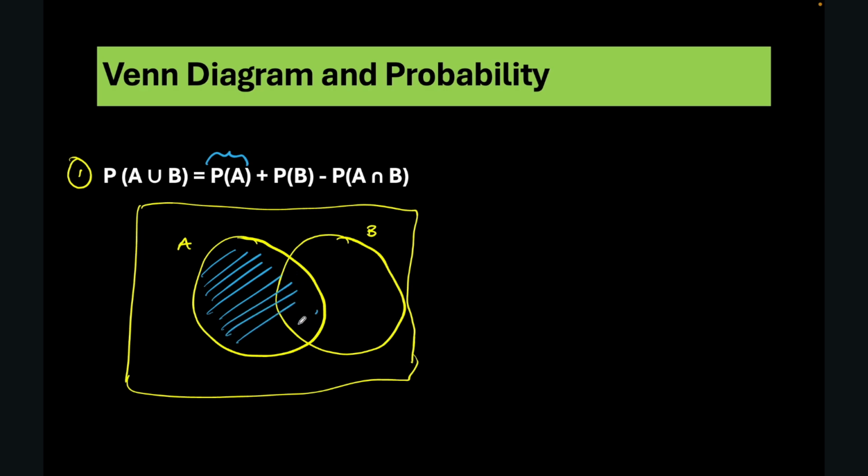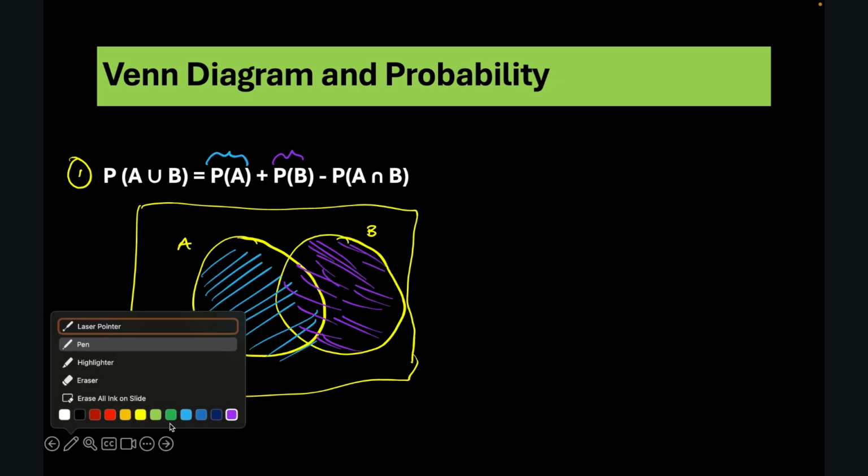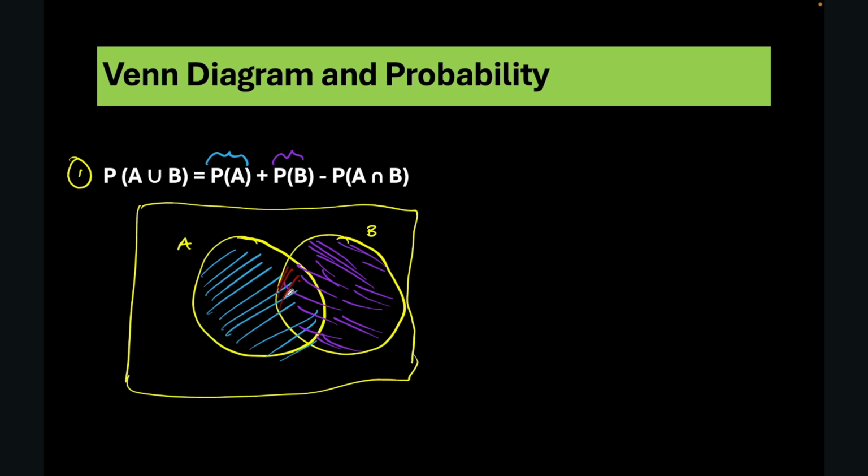So this is my probability of A. Similarly, this is going to be in purple, like this. Now this area in the middle is the overlap of blue and purple, which is my red.